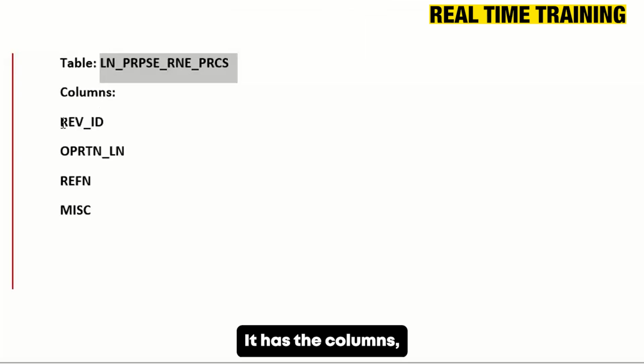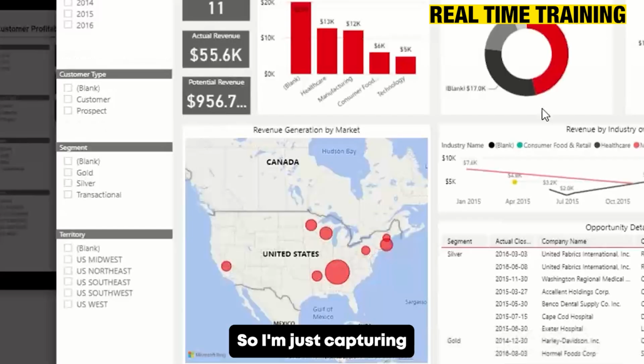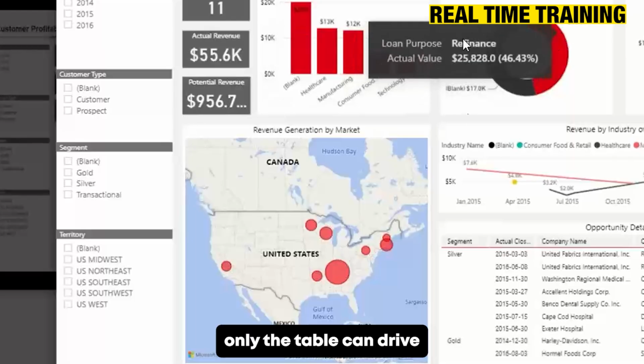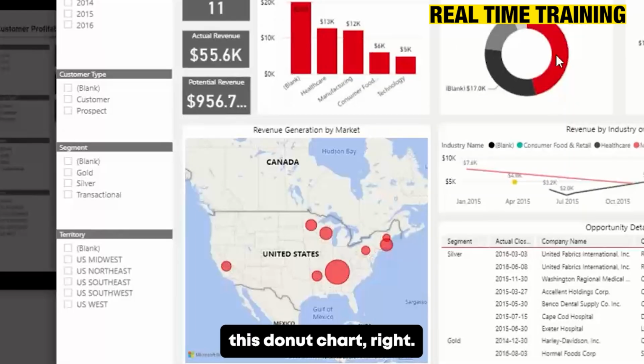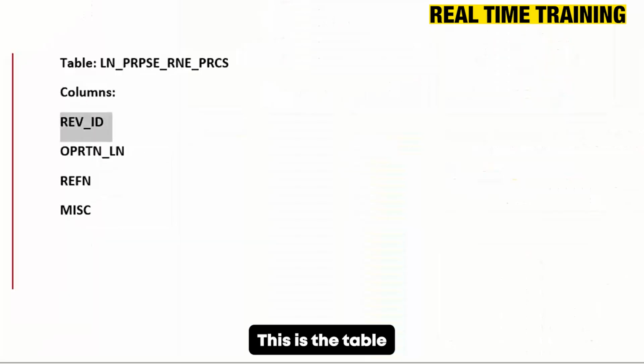So it has the columns revenue ID, operation line, refinance, miscellaneous. So I'm just capturing the table for this. This donut chart must be driven by a table, right? If there is a table containing all the info, only the table can drive this donut chart. It cannot come into existence without a table full of data. Correct?